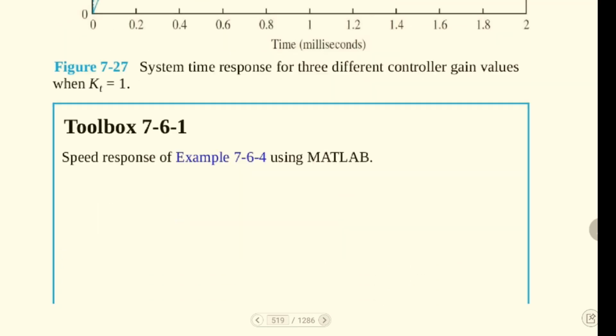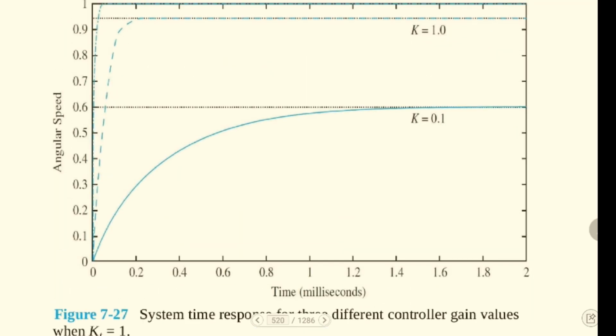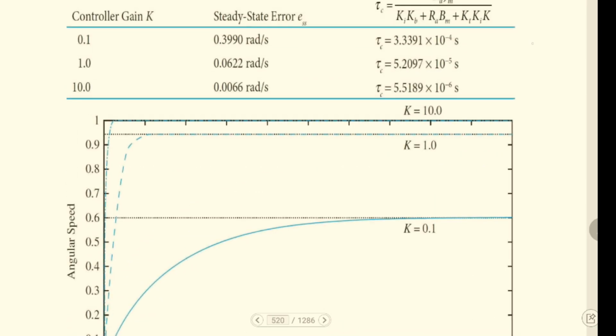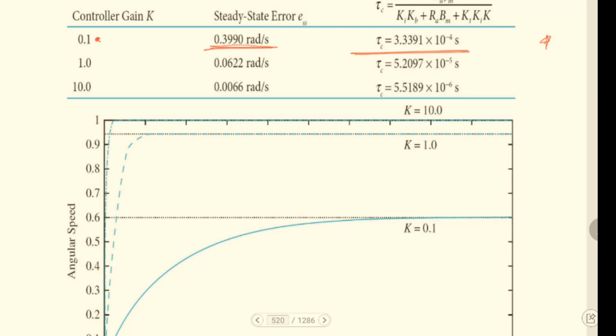So, if you change the k value in this table, please examine it. If the k value is equal to 0.1, what do we have? The steady state error will be approximately 0.4 radian per second. The time response of the system is given like that.